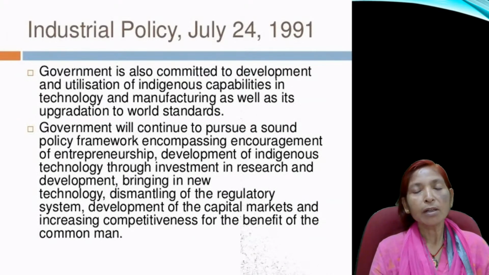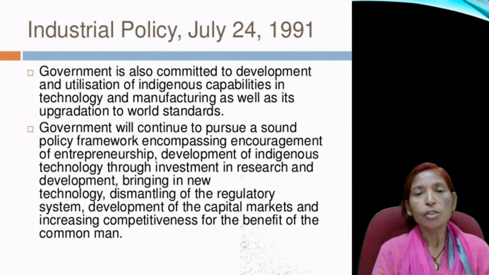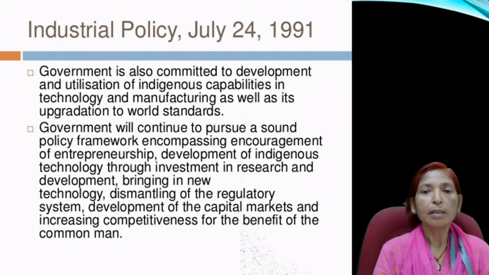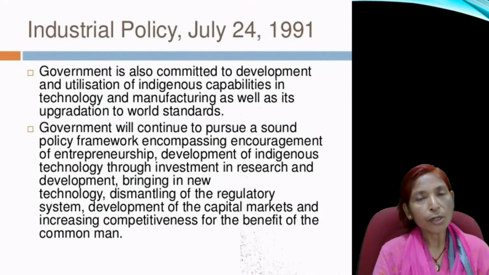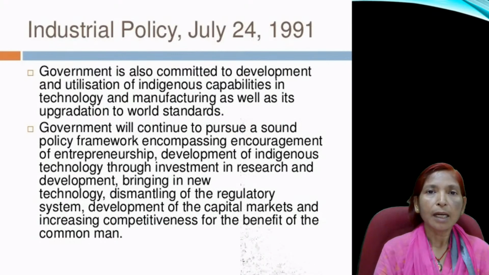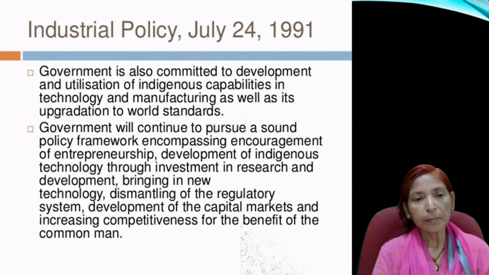This industrial policy of 1991 was launched on July 24, 1991. The government is also committed to development and utilization of indigenous capabilities in technology and manufacturing, as well as its upgradation to world standard.